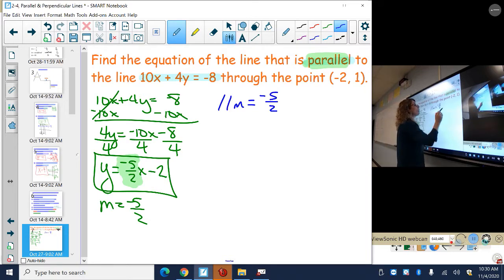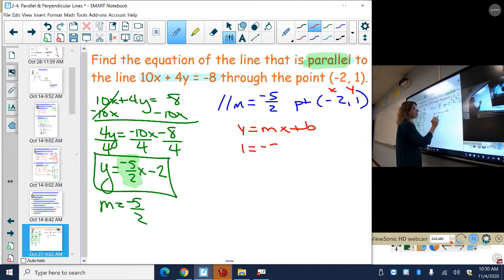Okay? Now I'm going to use the point that they gave us, which is negative 2, 1, and now I'm going to plug in to one of my formulas. So I'm going to go ahead and use y equals mx plus b. This is x, this is y. So y is 1, m is negative 5 over 2, x is negative 2 plus b. A double negative creates a positive.